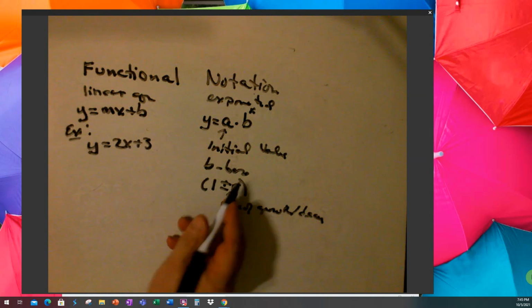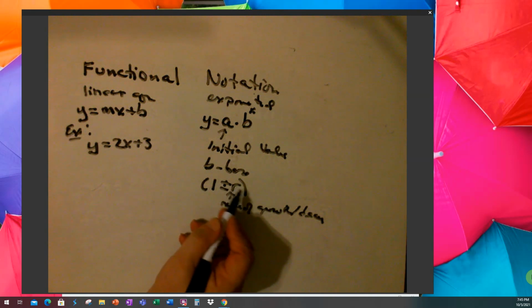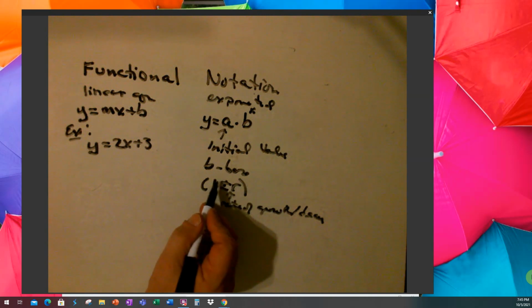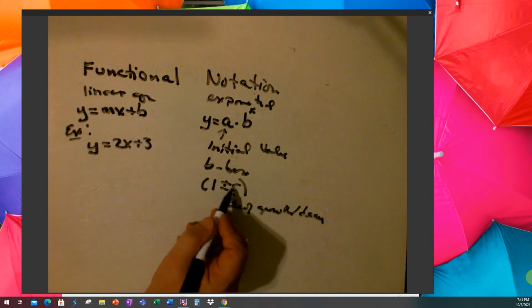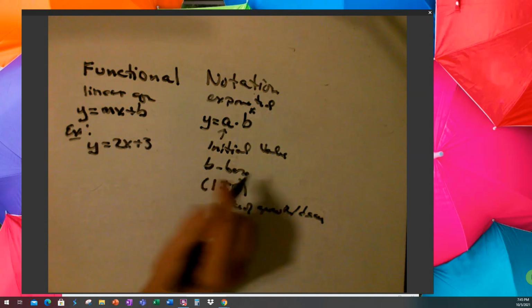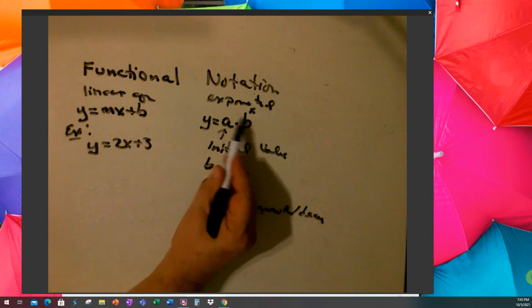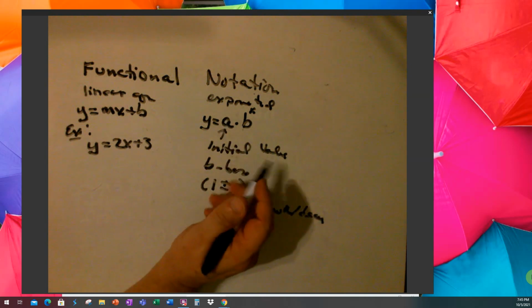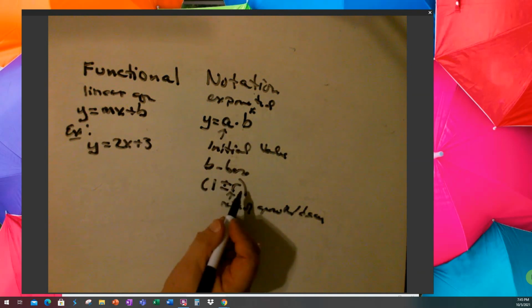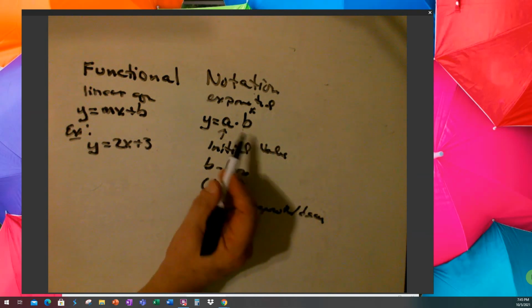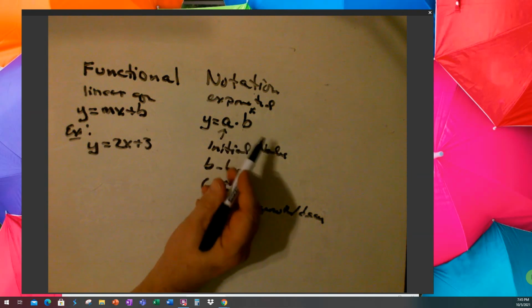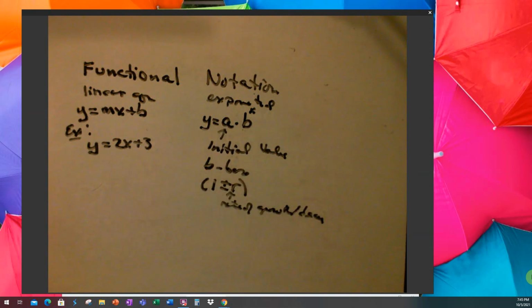So if this was 2% a year, this number would be 0.02, the corresponding decimal. And if it was increasing at 2%, we would multiply by 1.02 to whatever the initial value was. And if this was decay by 2%, it would be 1 minus 0.02, so that would be 0.98. So each time I'd have 98% of what was left. Okay? So those are two things that we had covered.